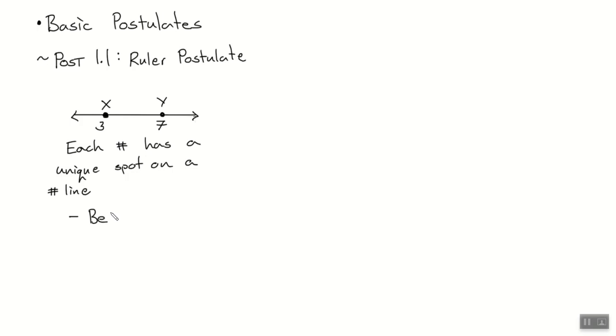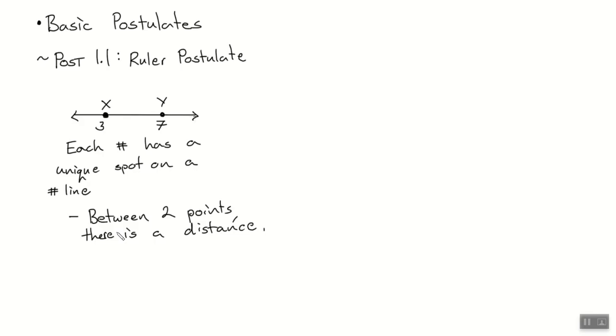Between any 2 points that you ever give me, there is a distance. Now, this book, I don't think does it. In our old textbook, this idea had a really wonky name. It was called the betweenness of points. Between 2 points, any 2 points, there is a distance.